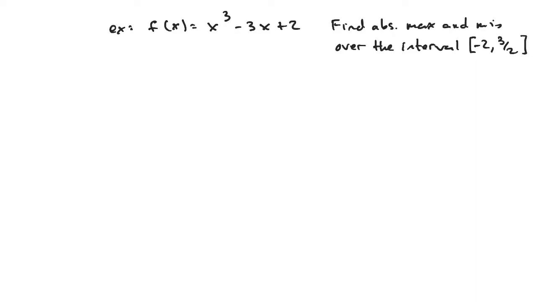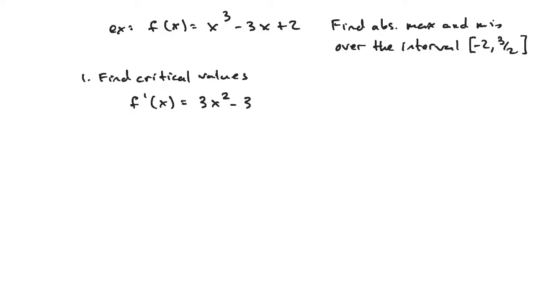Okay, so here's what we're going to do. Our first step is going to be to find the critical values. So that's going to mean that we're going to take the first derivative and determine when it's equal to 0 or is undefined. So f prime of x is 3x squared minus 3.